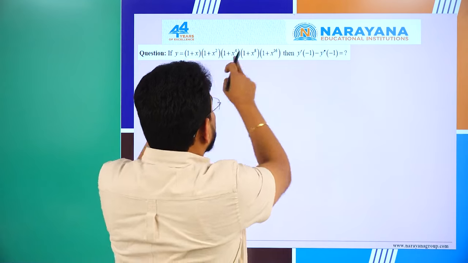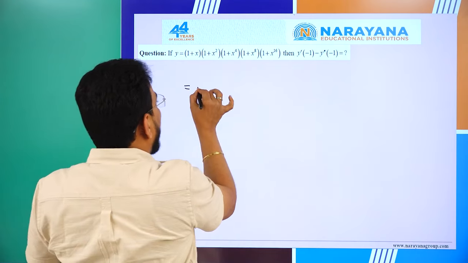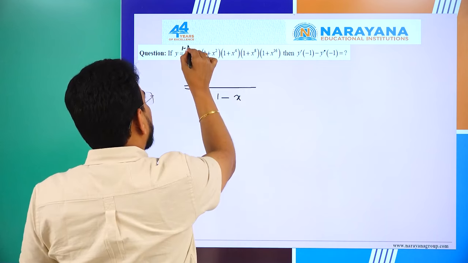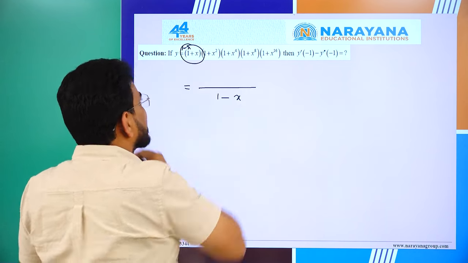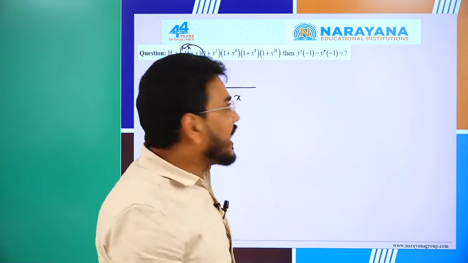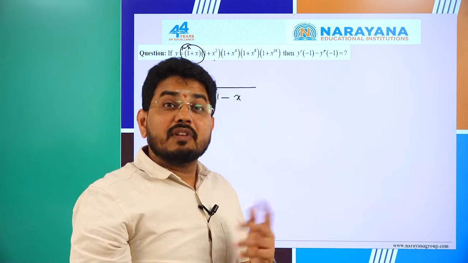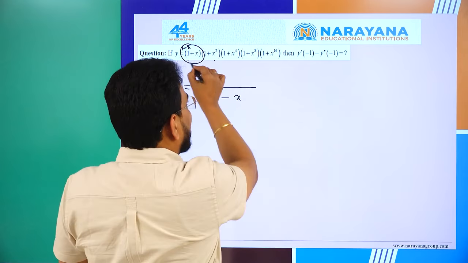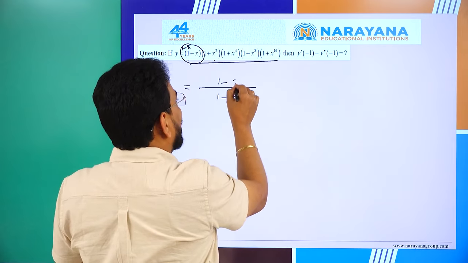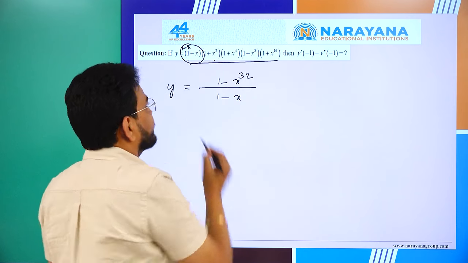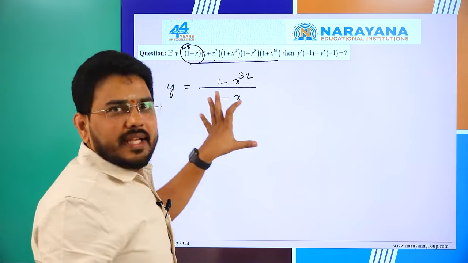Whenever it is in this particular form, divide with 1 minus x and multiply with 1 minus x. So 1 minus x into 1 plus x is 1 minus x square. 1 minus x square into 1 plus x square is 1 minus x power 4. So keep on doing, it will be 1 minus x power 32. This is y. You got the y.